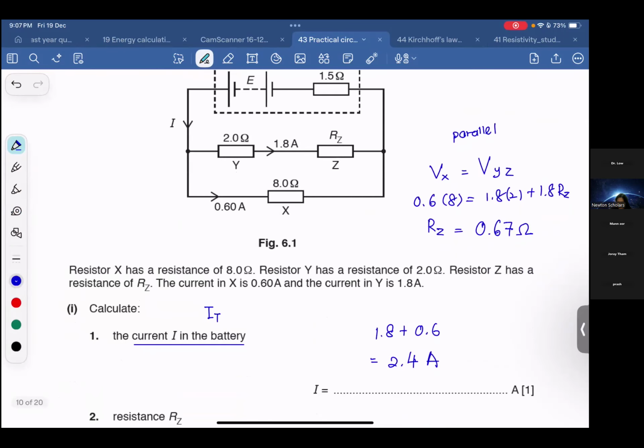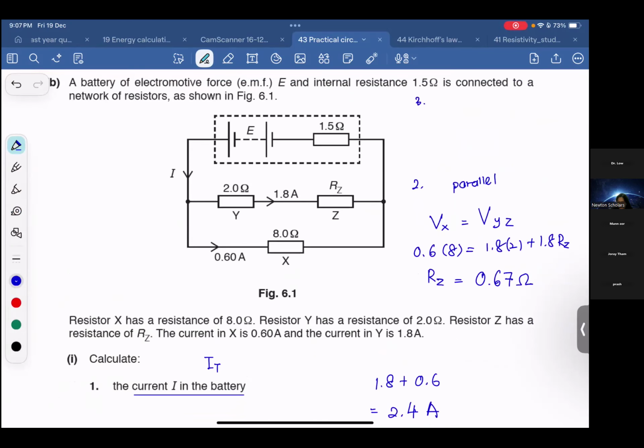Okay, so this answer is question number 2. Question number 3 asks what is your E. E equals V plus IR. So, what is your E? Your V, external, the resistor voltage across X is how many? 0.6 times 8, plus total current.